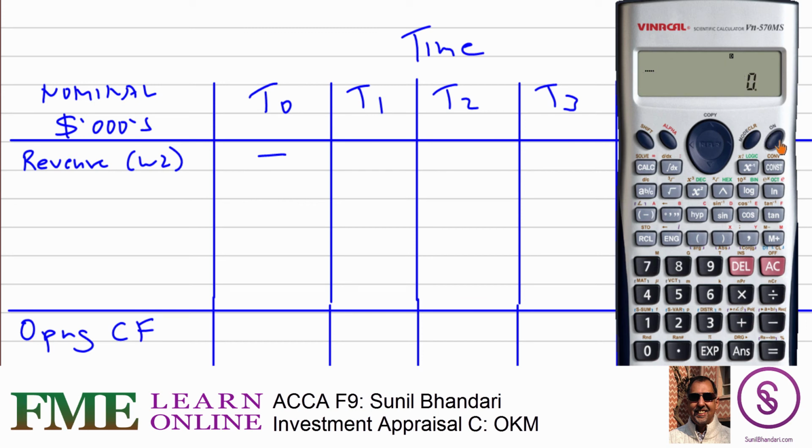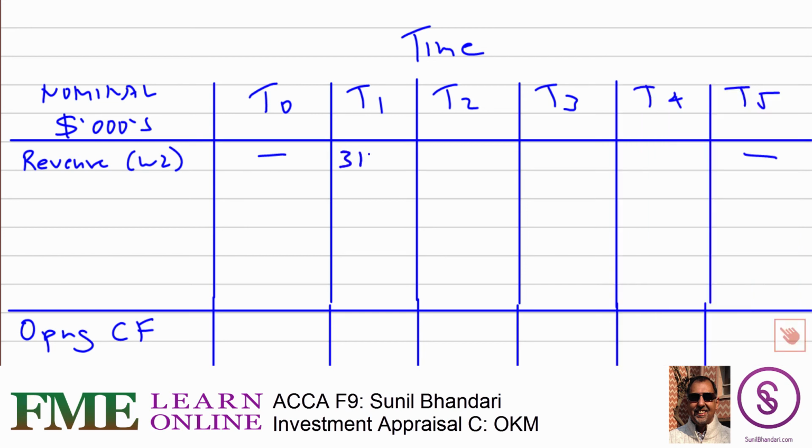Year 1, 250 quantity of sales, drop in the zeros. Selling price 12, multiplied by inflation 1.05, no power needed, is power 1, 3150. So first year's figure 3150.